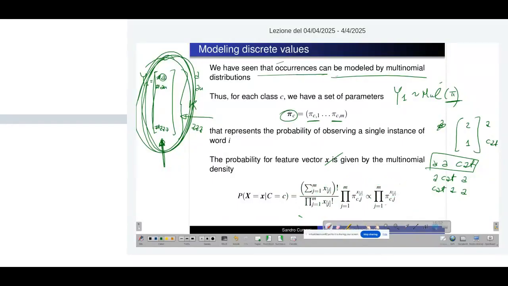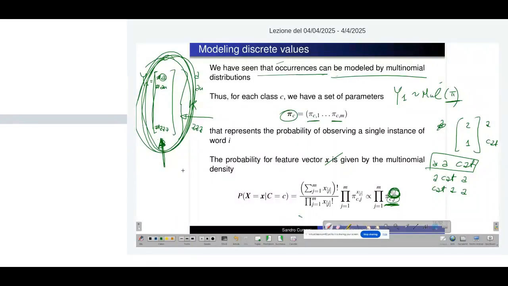This represents the probability that I observe the word j, x_j times, inside my vector of occurrences. So I observe x_j times the word j, and the word j has a probability of appearing pi_cj. So for class C, a single word j appears with probability pi_cj, and in my document it appears x_j times.